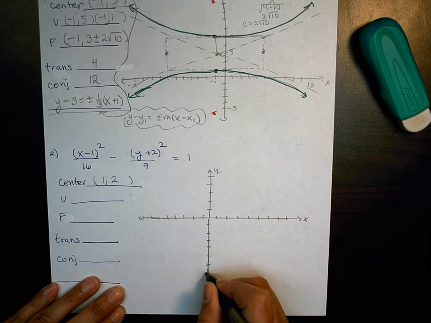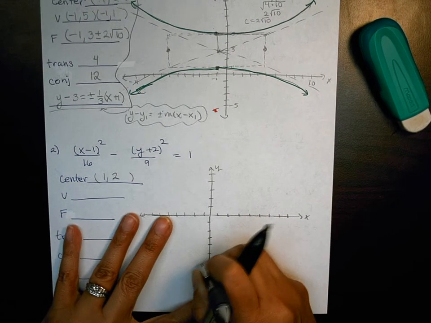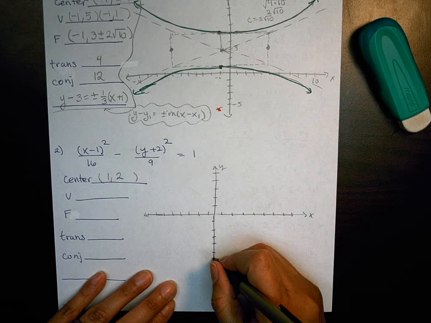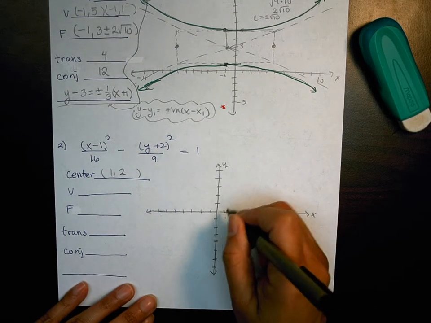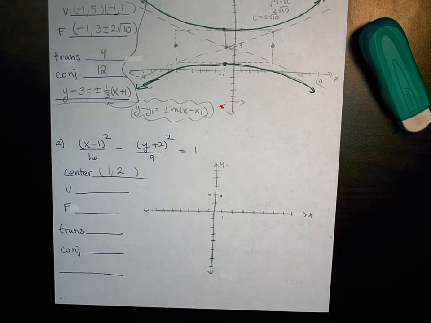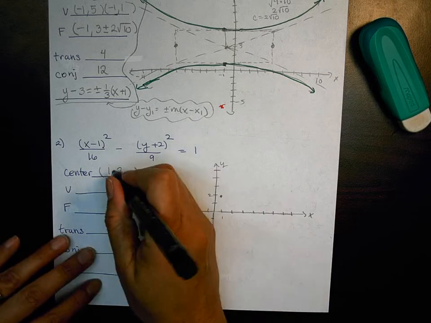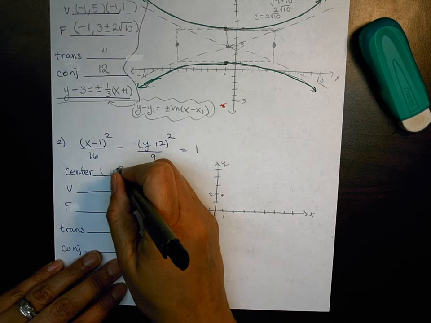All right. So go right 1, up 2. Oh, thank you. I looked at my graph and I was like, wait, I went down, and that's because I wrote this wrong. 1, -2. Thank you.